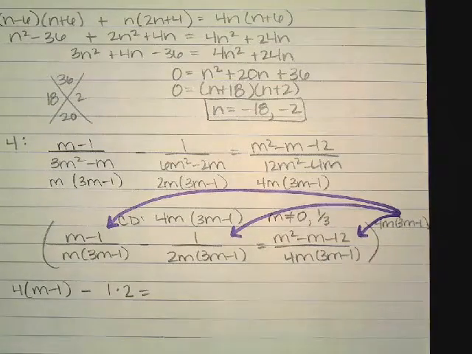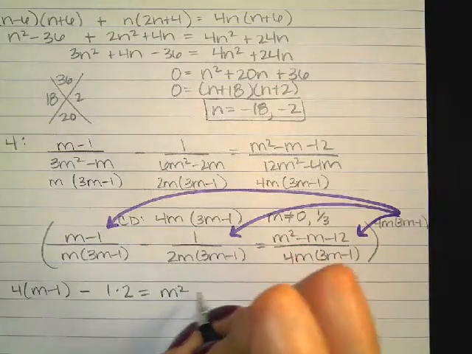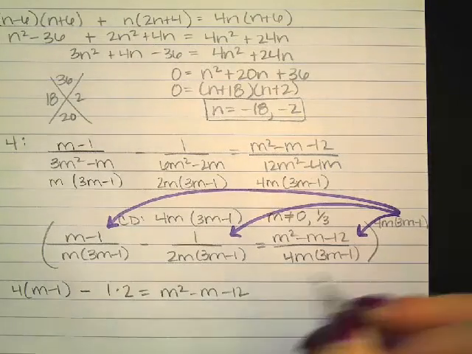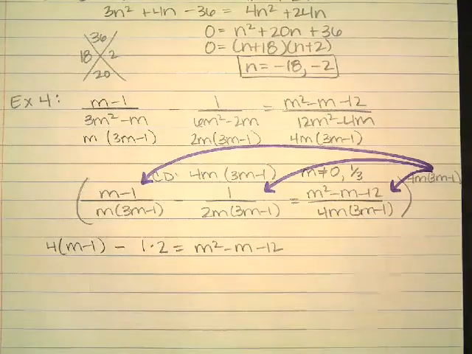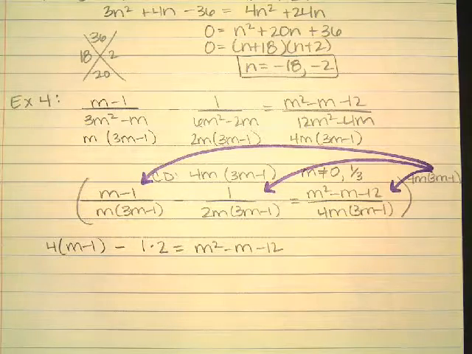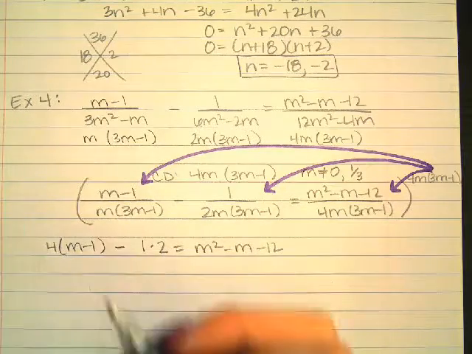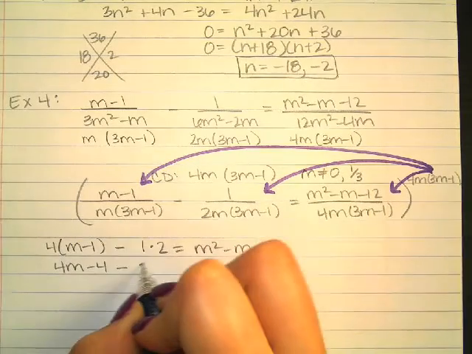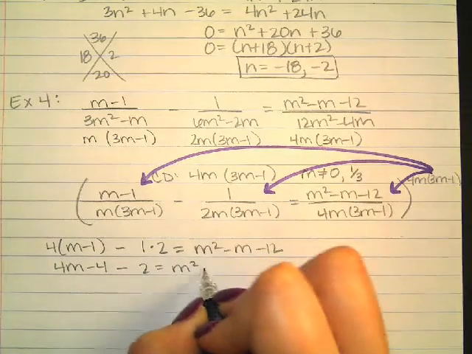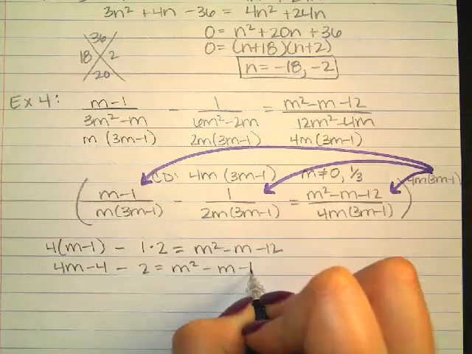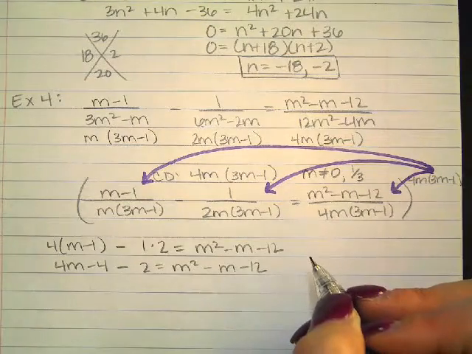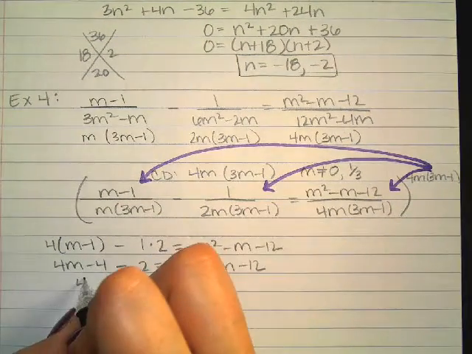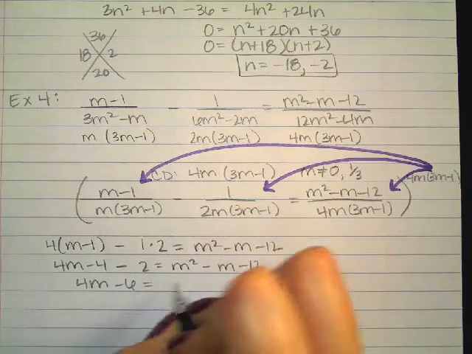And then with the last one, it completely cancels, M squared minus M minus 12. So even though those denominators all looked kind of crazy, that problem was about the same level of difficulty as the one before. You just had to be careful with the denominators. Okay, so we have 4M minus 4 minus 2. So 4M minus 6.